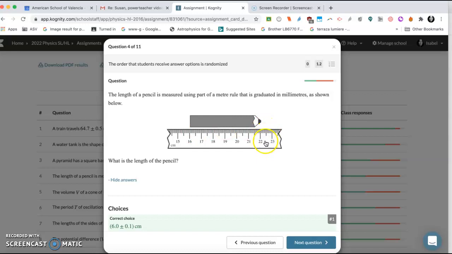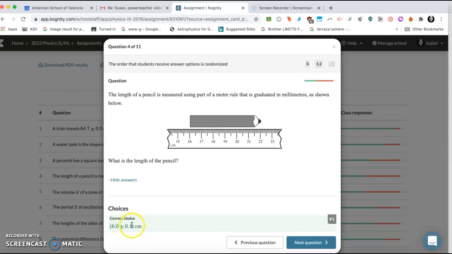But what we're doing is we're carrying out a subtraction. The length of the pencil is 22 plus or minus 0.05 minus 16 plus or minus 0.05. So therefore, the actual answer would be 22 minus 16, which will give us 6 plus or minus 0.1.